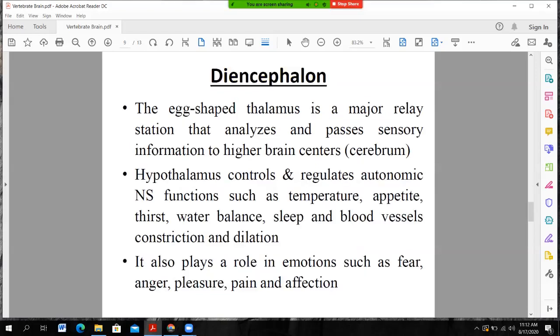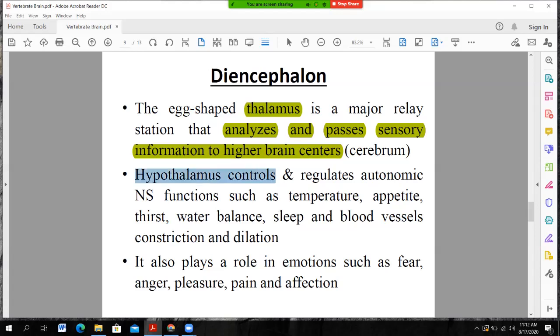The thalamus plays an important role: it analyzes and processes sensory information to higher brain centers like the cerebrum. The hypothalamus controls and regulates autonomic nervous system function.